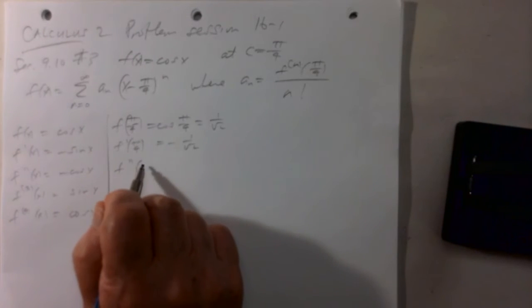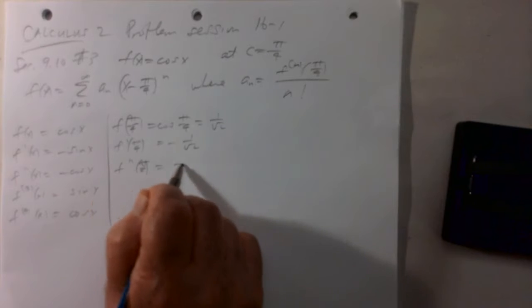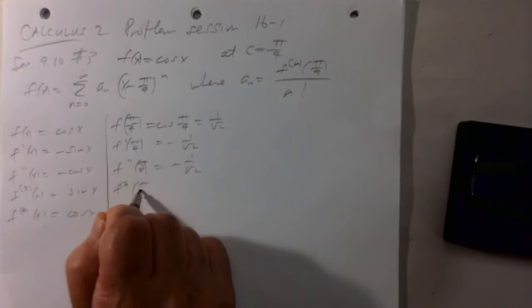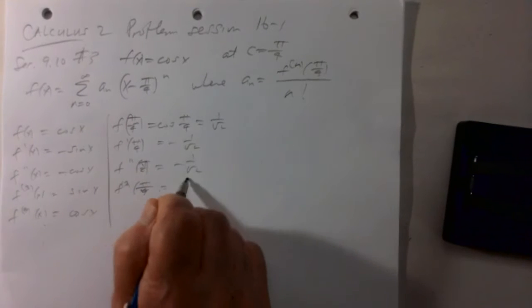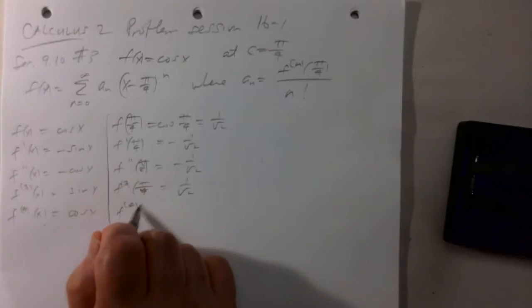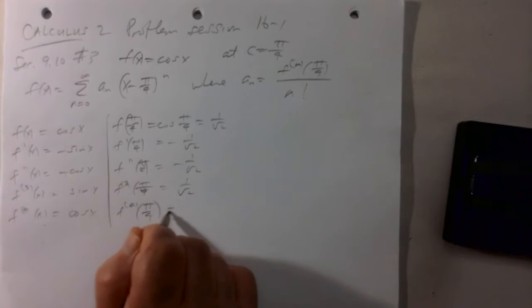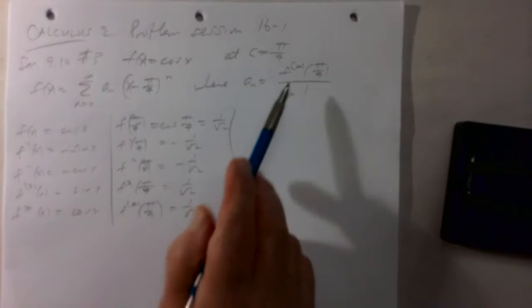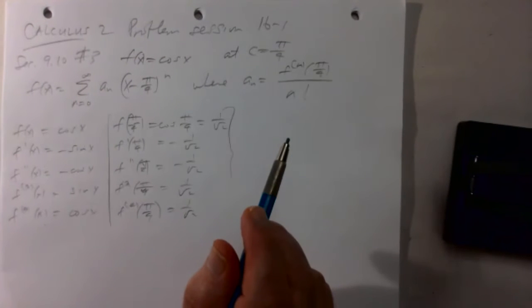Minus the cosine at pi over 4 is minus 1 over root 2. The third derivative at pi over 4 is 1 over root 2. And the fourth derivative brings us back to 1 over root 2. So these are the values of what's in the numerator there.